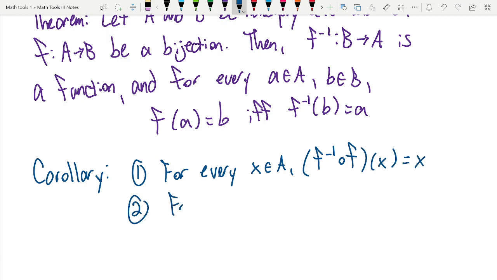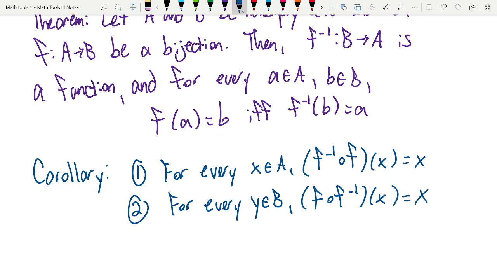And then two, for every y in B, F of F inverse of y is equal to y.